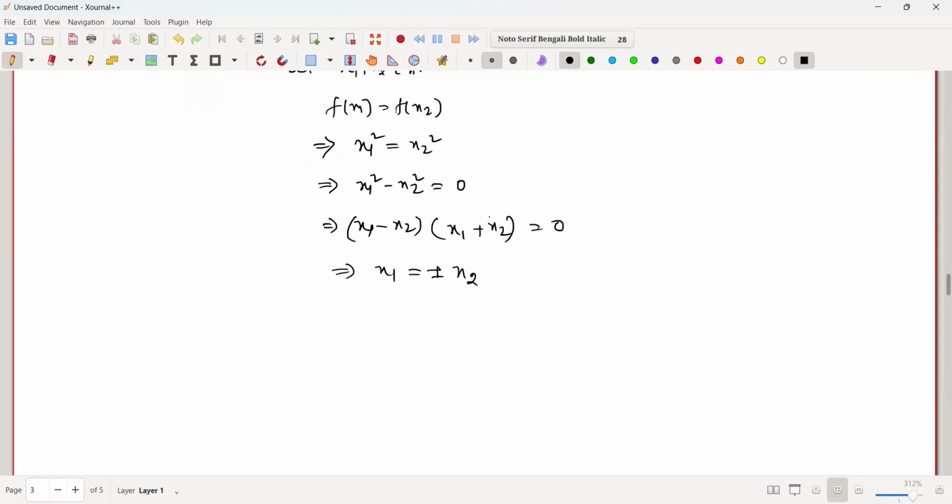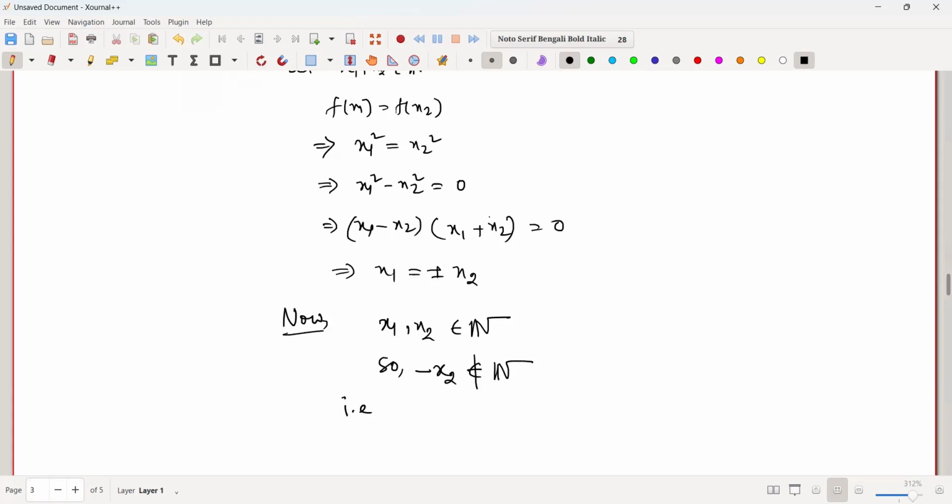Now x1, x2 belong to natural numbers, so minus x2 does not belong to natural numbers.